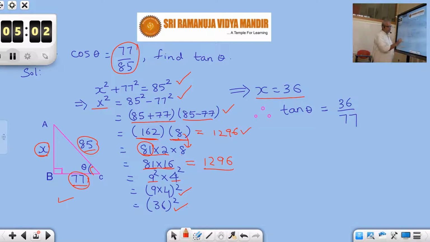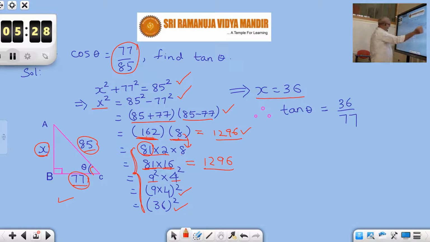The easier method is writing the factors on the right hand side as a product of two perfect squares. So this is the correct method, easier method. I don't say this is a wrong method, but it is a lengthy method. This is more easy, is it not? So students must note this.